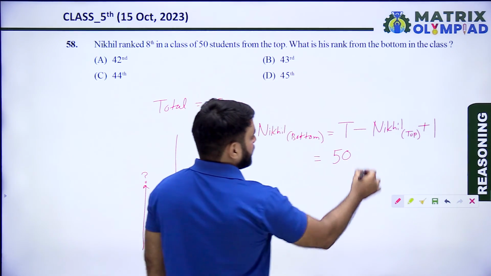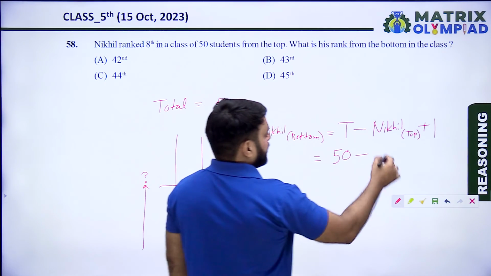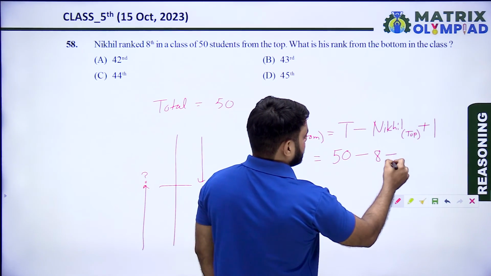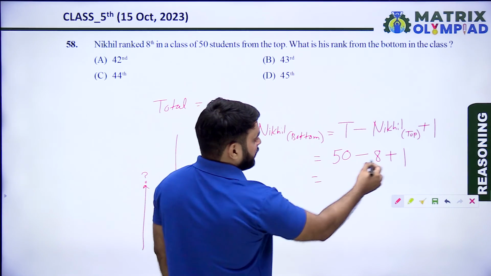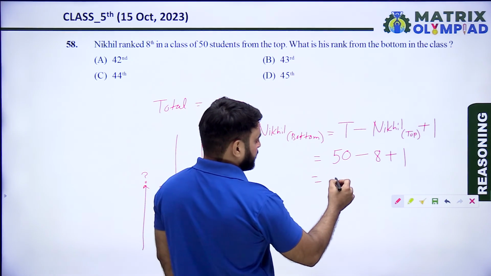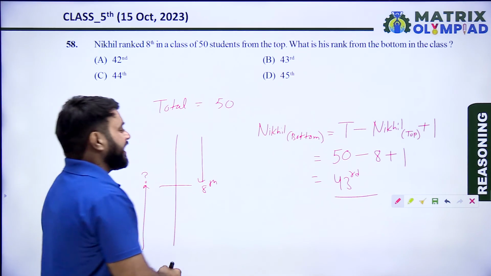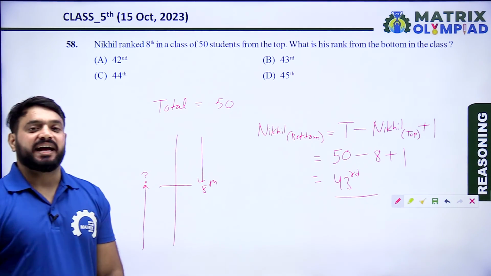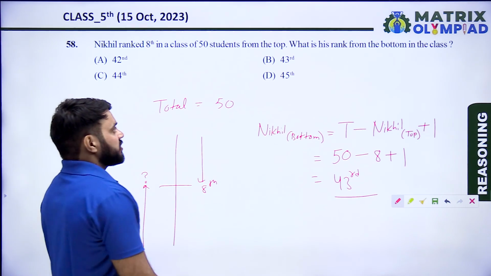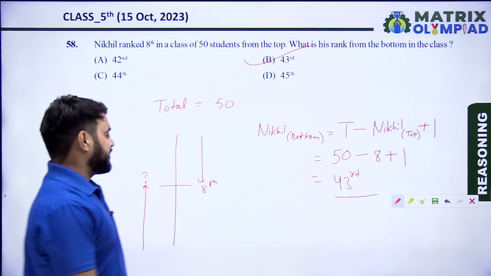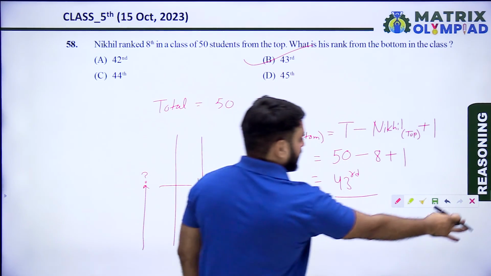So 50 minus 8 plus 1, it means 43. So Nikhil's rank from the bottom side is 43rd. So here option B is the correct answer. Let's move on to the next question.